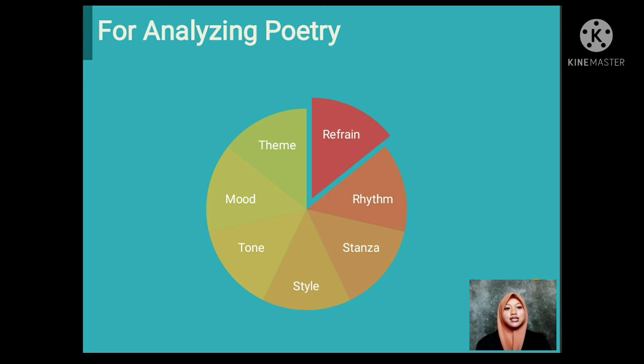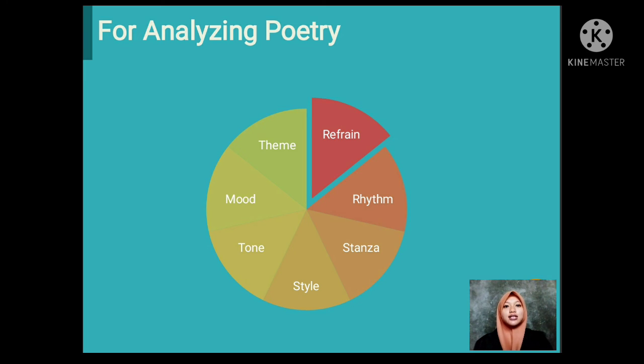The next is stanza. A stanza is a group of related lines in a poem, similar to a paragraph of prose, but does not have to be complete sentences. It's like a poetry paragraph.